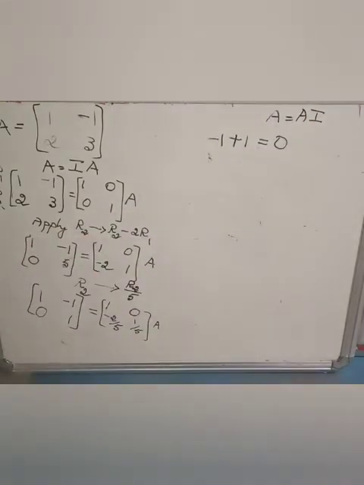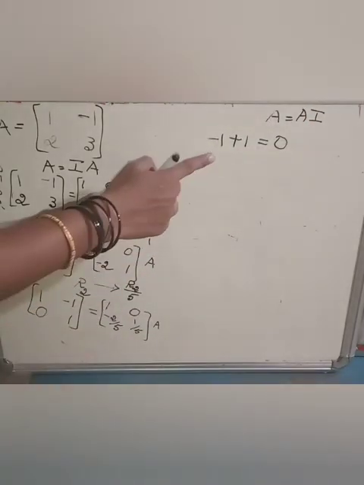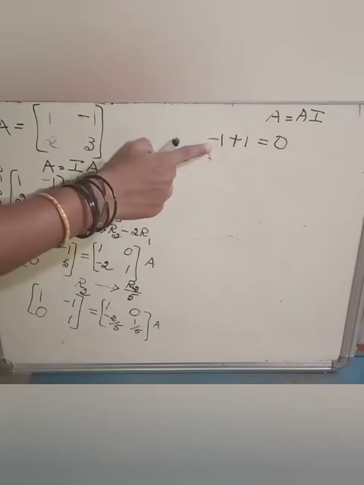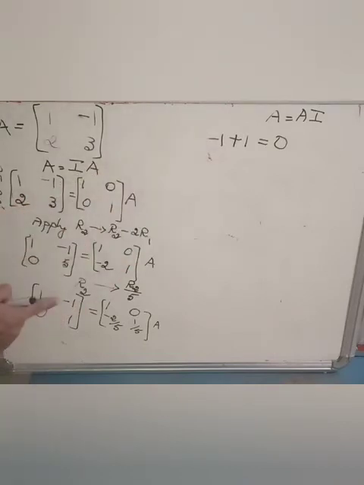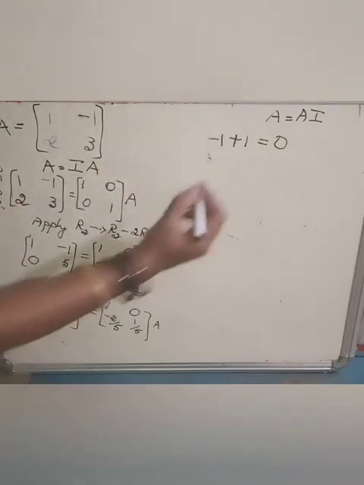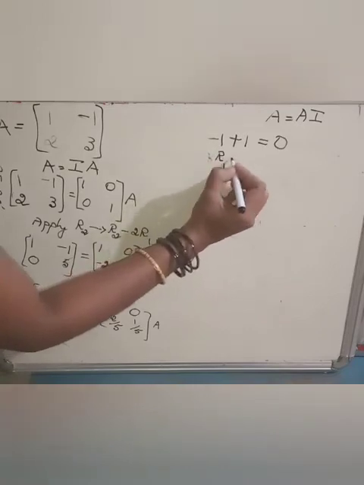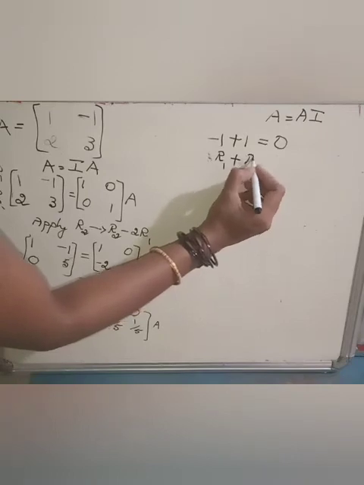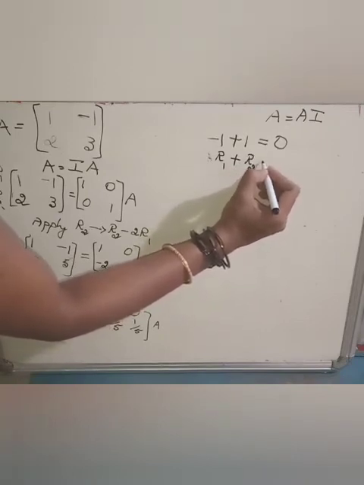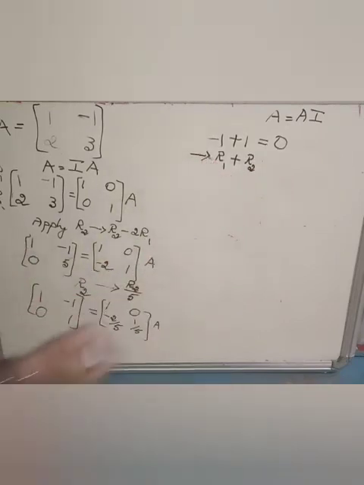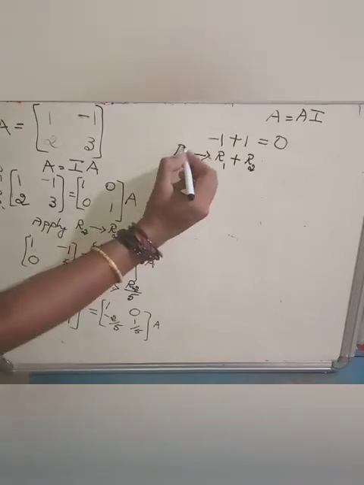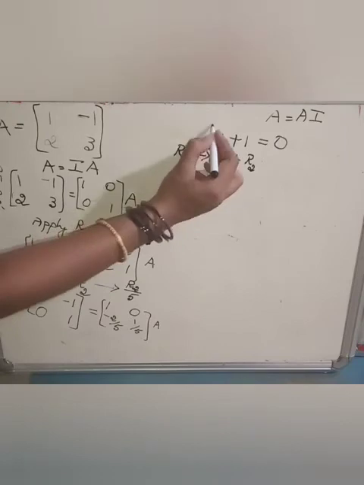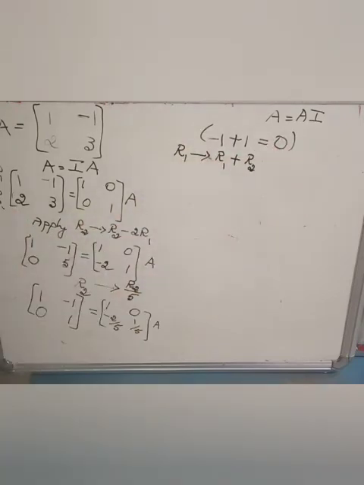These two numbers should be added. But we have to write the elementary operation, right? This minus 1 lies in which row? R1. Plus 1 lies in R2. That gives 0. Where are the changes? The changes should be in the first row. Okay. So this is the elementary operation.